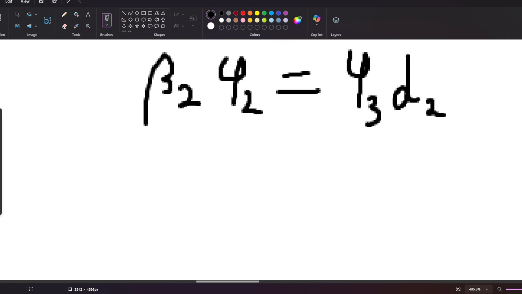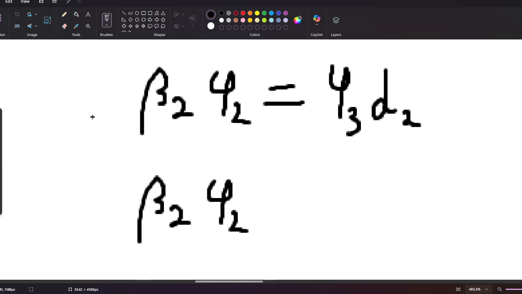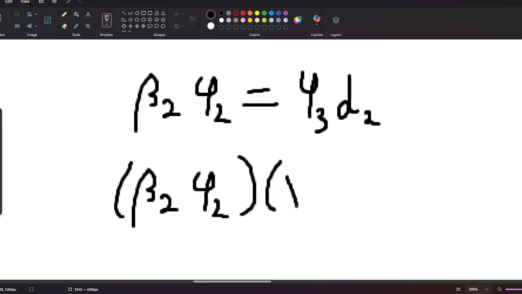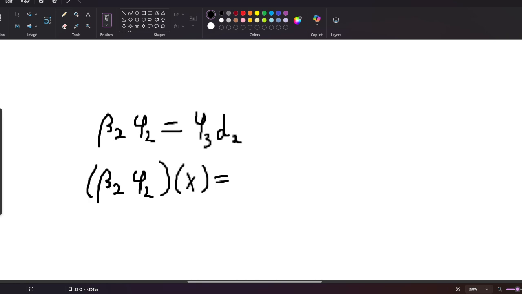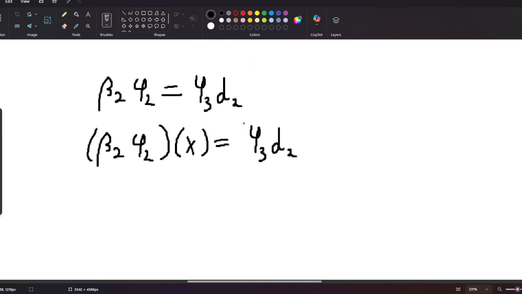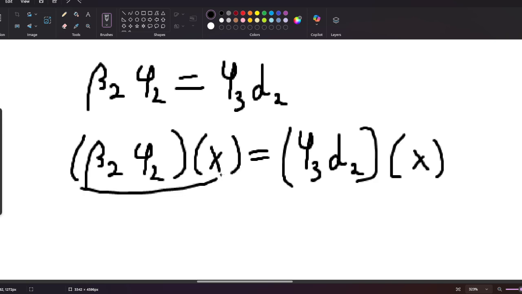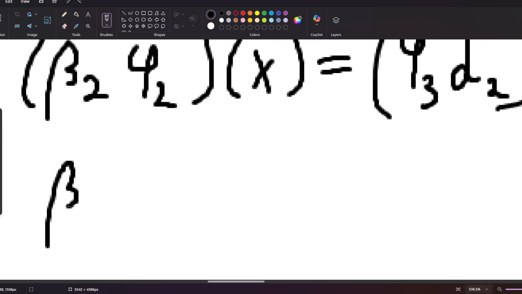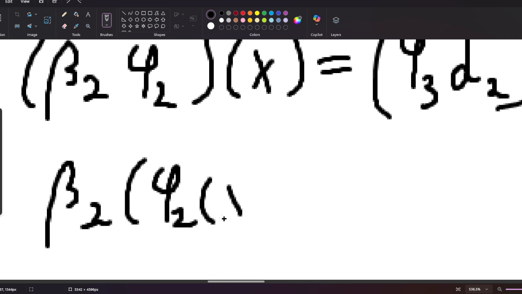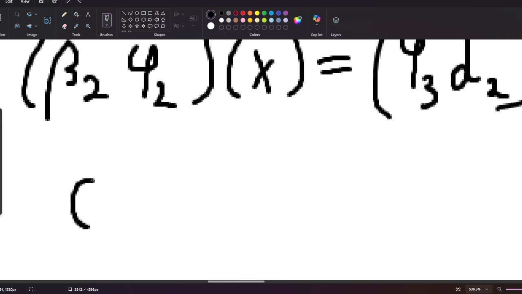Okay, now knowing that, we can get a specific value of these compositions. Since x is part of the kernel of phi 2, in this composition it's just beta 2 of phi 2 of x. Next we have beta 2 of 0. We're working with a linear mapping, so that's just 0.